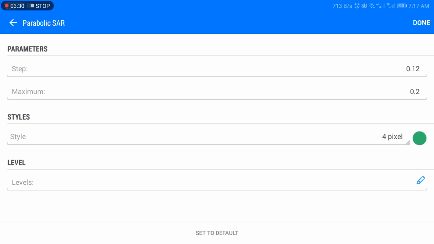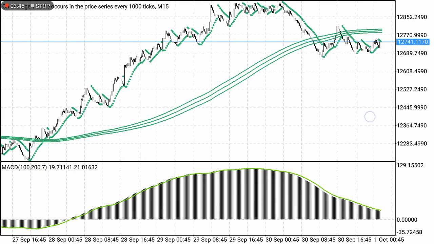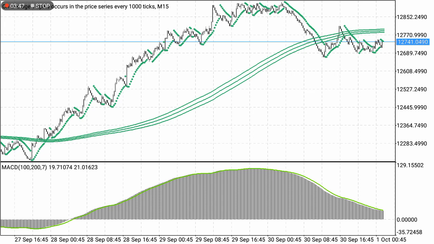The gap of the dots is called step. Maximum 0.2, this is the count of dots of the Parabolic SAR. I hope you get that. Now look here how it is visible on your chart. If you set it the same as mine, it means you set it up nicely and correctly.